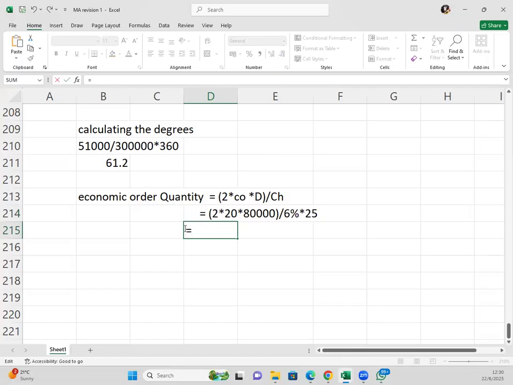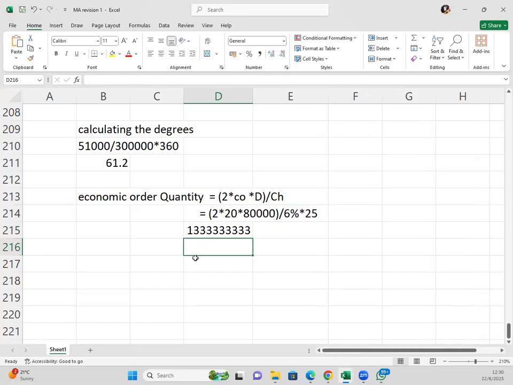That equals 2 times 20 times 80,000 over 6% times 25. Then we take the square root of this.